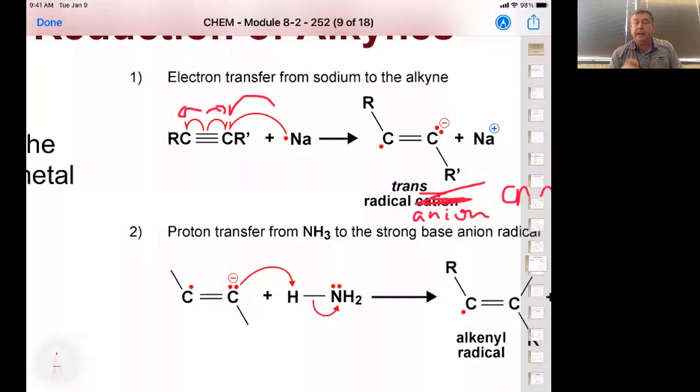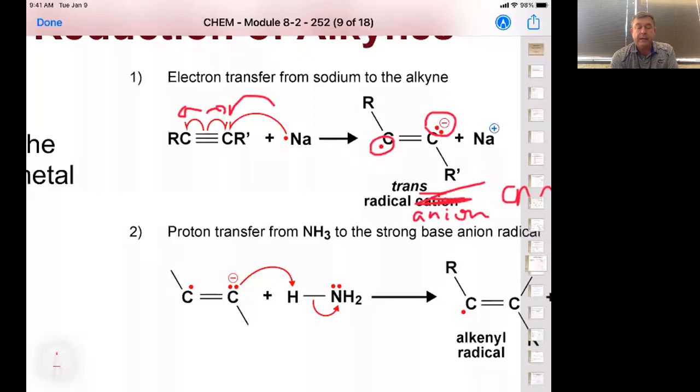Slides are wrong, it says cation, it's an anion. So we have an anion here and a radical on this side, okay? And notice that this intermediate has the two R groups in their trans configuration, because that's the most thermodynamically stable form of that. Okay. Now it has to go through some other process.